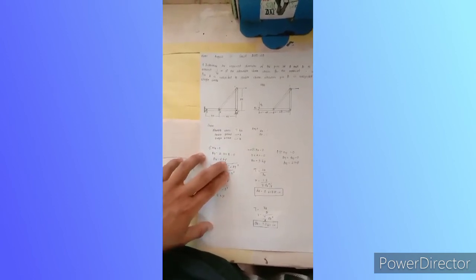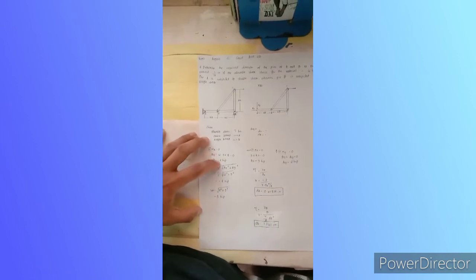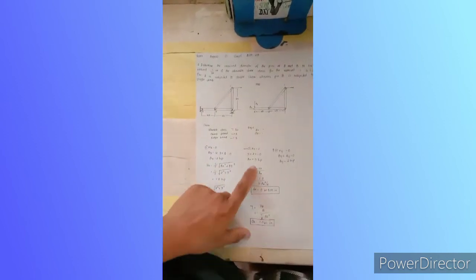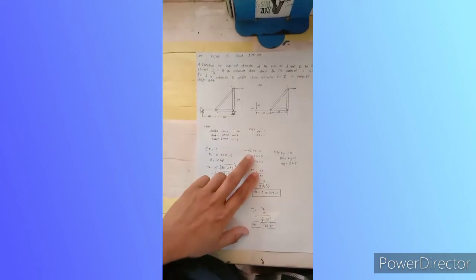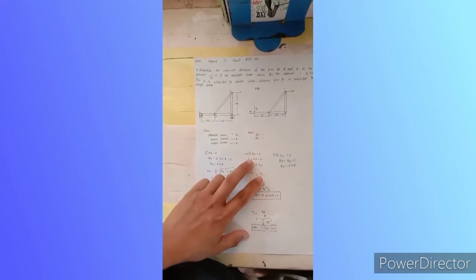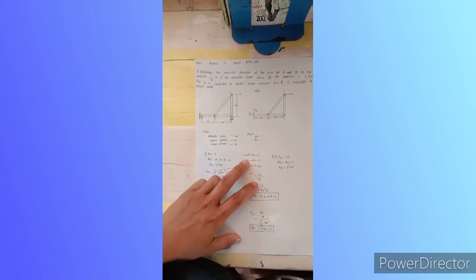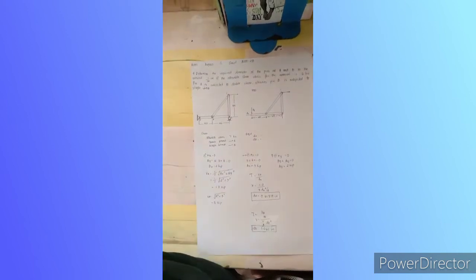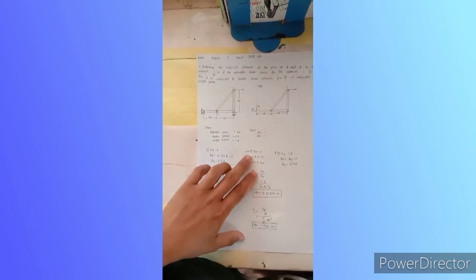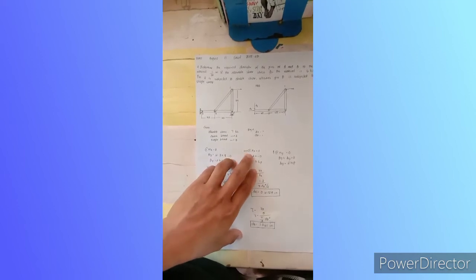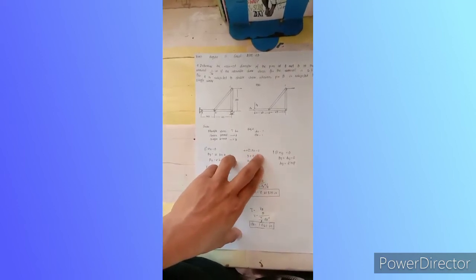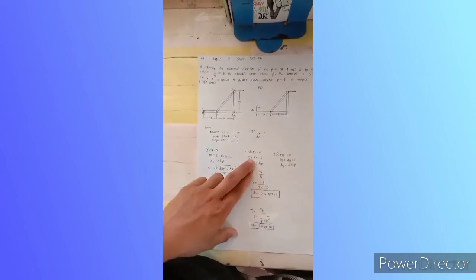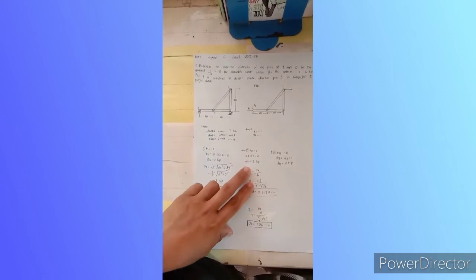So, meron na tayong answer sa pag-moment natin at A. So, kukunin na natin yung summation of Fx. Sign convention, positive going to the right. Summation of Fx is equals to 0. So negative 3 plus Ax is equals to 0.